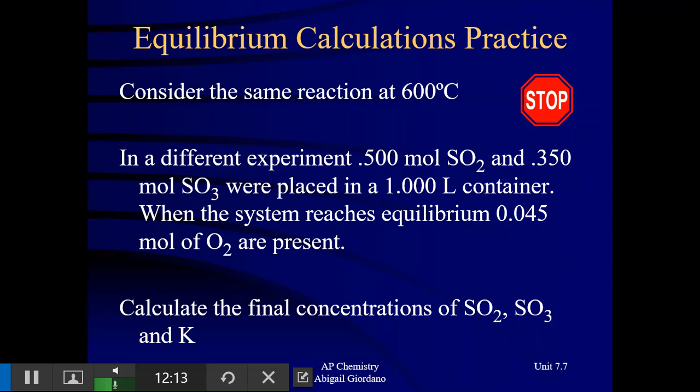If you are given a set of initial conditions and one of the parts of a chemical reaction is just not mentioned at all, mysteriously, in that first sentence where the initial conditions are given, guess what the initial value is for that piece? 0. This first sentence gives us an initial value of SO2 and SO3, but it doesn't say anything about initial conditions of oxygen. That must mean there is not any oxygen present initially.